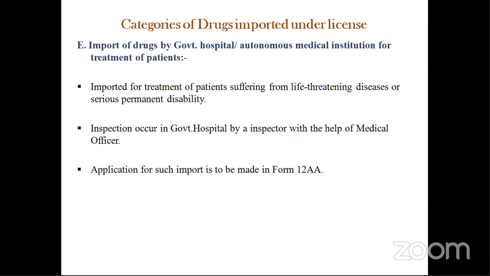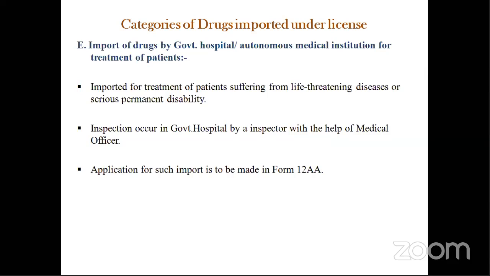After verification of the two systems, they get a consignment form, and this way the government hospitals send or import the tablets or capsules to the village hospitals, depending on the life-threatening disease and serious permanent disability. And this is done under Form 12AA, which is the most important. Form 12AA is regularized only in critical situations like corona.